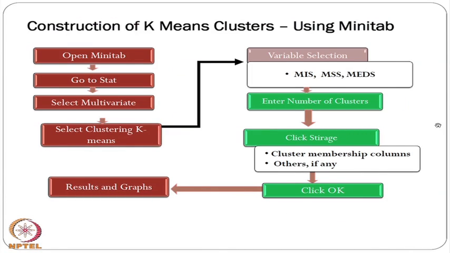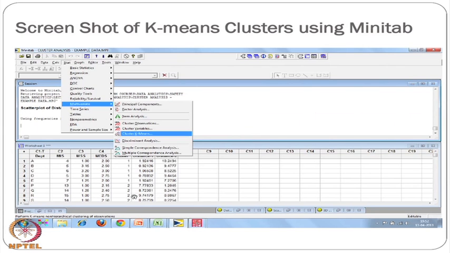Now, if you want to use Minitab for K-means clustering, then you go to Minitab, go to Stat, select Multivariate, select Clustering K-means, then you select the variables, enter the number of clusters, click on Storage, and then click OK, you will get the results, and this is the snapshot.